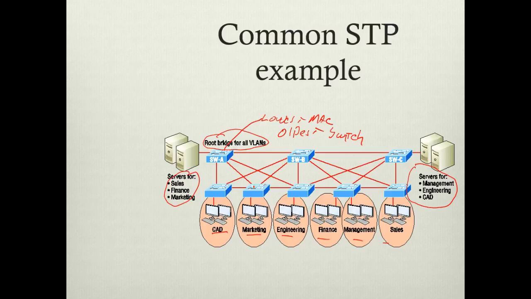On these, everything is going to have a path to the root bridge, including these guys over here, who are going to have to get to the root before they can come back to their servers. This is one of the handicaps that you have if you only have one root bridge.